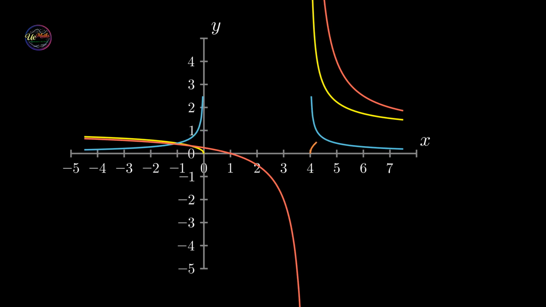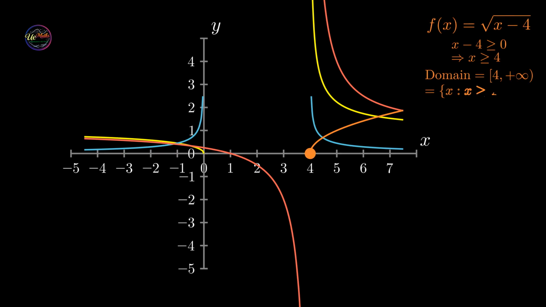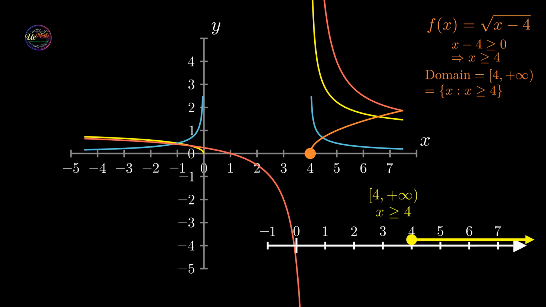The orange curve shows f of x equals the square root of x minus 4. For the square root to be defined, x minus 4 must be greater than or equal to 0. Solving, x must be greater than or equal to 4. Therefore the domain is the closed interval from 4 to positive infinity.